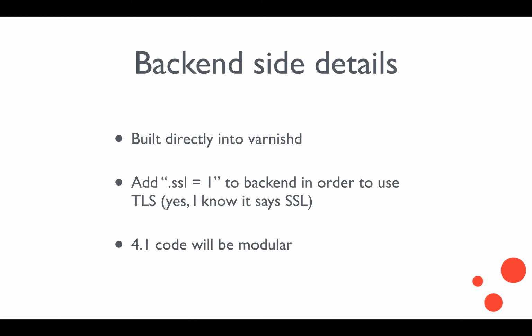So they will instead insert the IP address in there. And that is why the backend definitions also have this other attribute called host header. And that host header will, if present, be used instead of the host attribute as both the SNI name and the host header for backend requests.